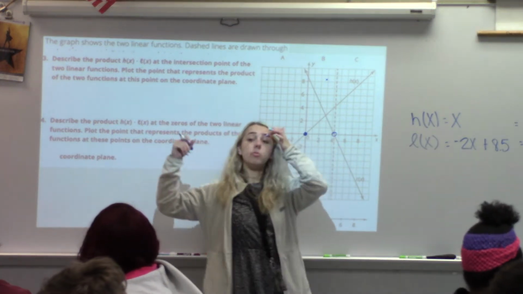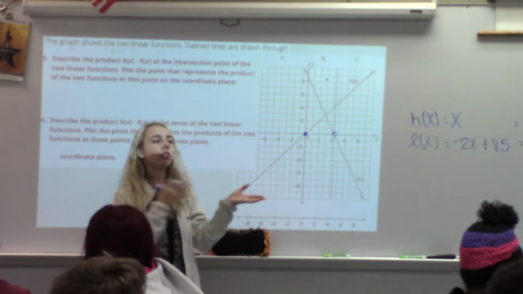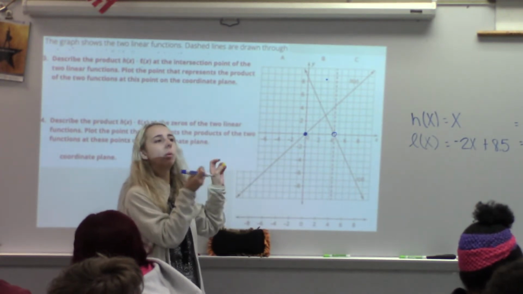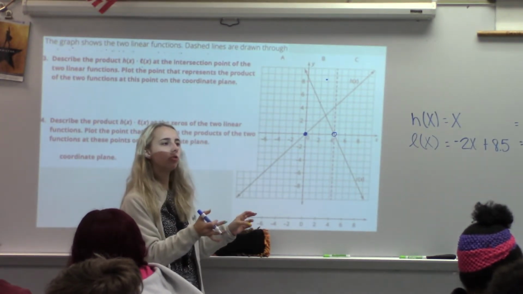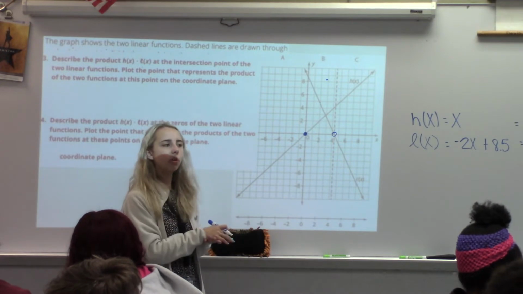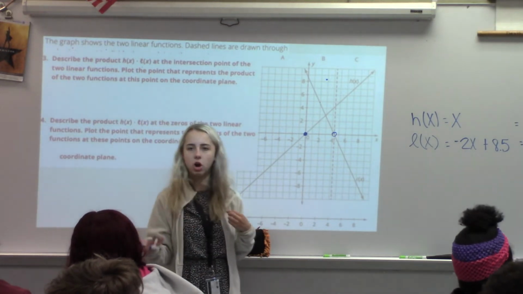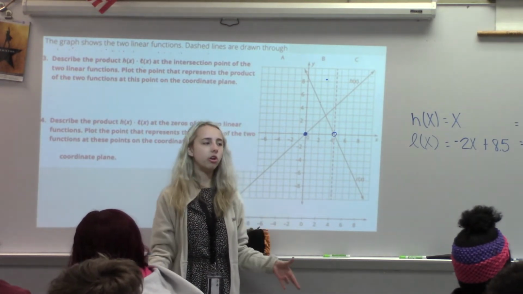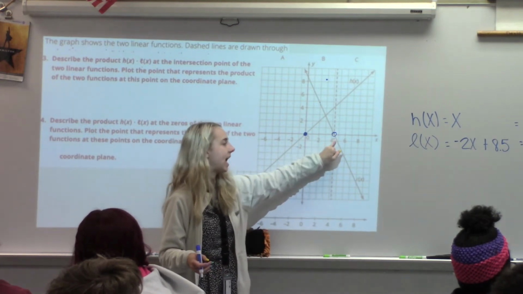Okay, so remember how the linear factors can help us tell the zeros of our product function? Notice how they're the same. They're going to be the same.